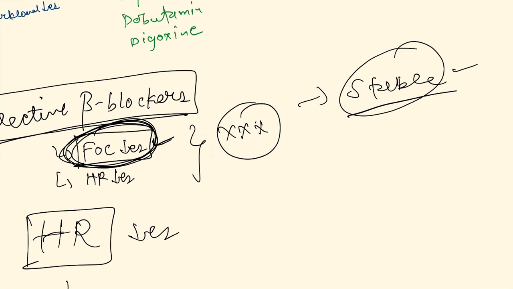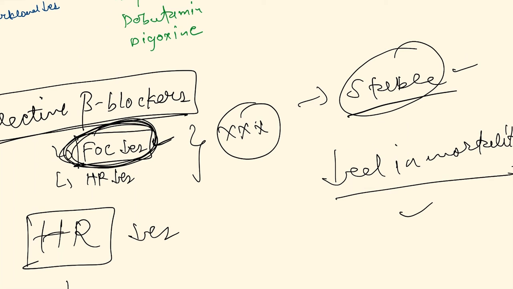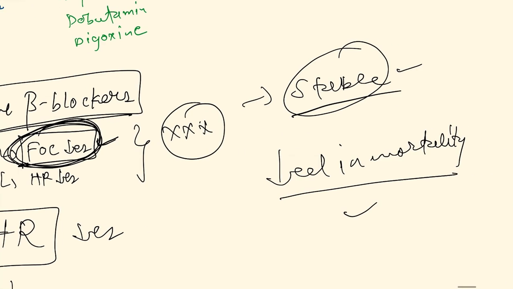So after the patient has been stabilized and everything is done well, only then will you prescribe them, and this will cause decreased chances of death in this patient. You are preserving the cardiac cells, you are preserving the heart, you are increasing the survival of the patient.